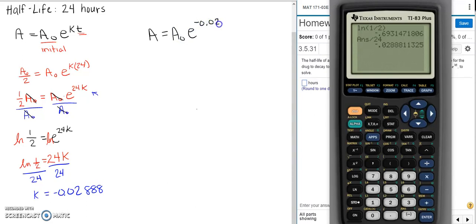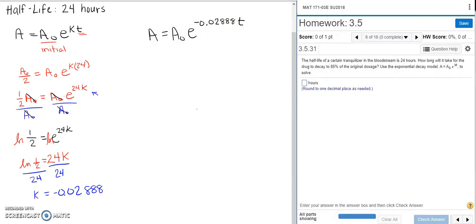So we still haven't answered the question that they're asking us to answer, but we have figured out what k is so that we have a model specific to the problem. So now let's go back to what they're asking us. They want to know how long, so they're looking for t, how long will it take for the drug to decay to 85% of the original. Again, they didn't give us an original.